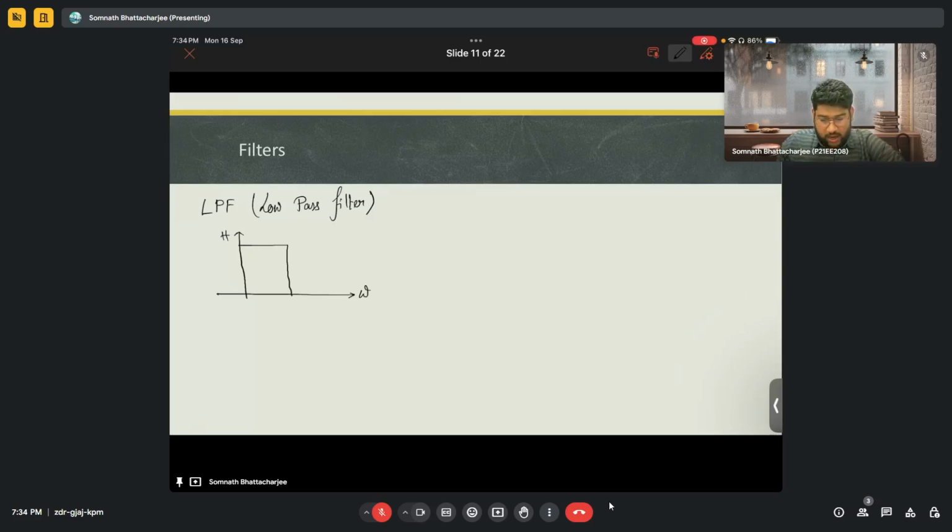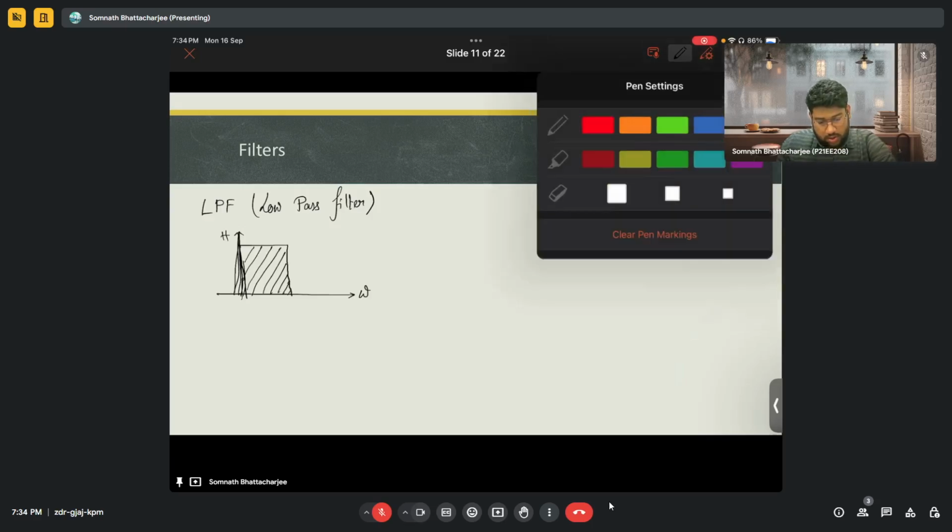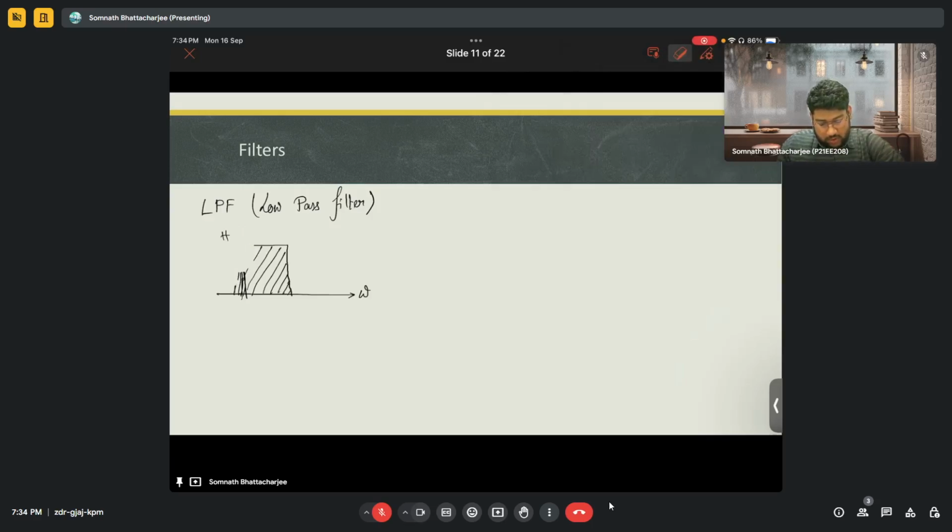What happens is that if we know our signal is within this range only, and after that if anything is found in the output region, let me just clear this first.